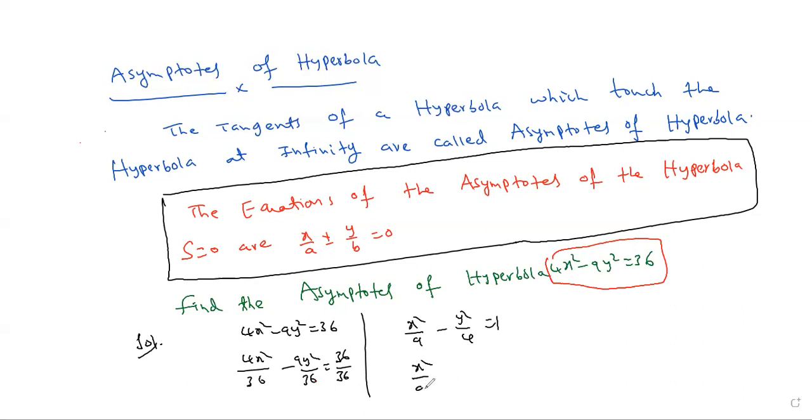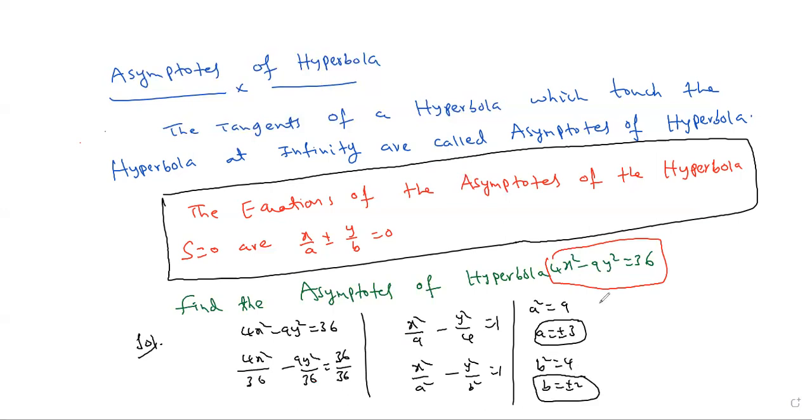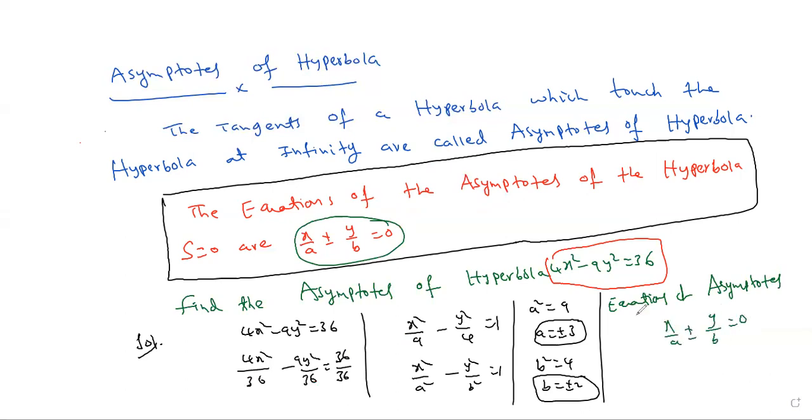Compare with the standard x square by a square minus y square by b square is 1. Then a square is 9, so a equal to plus or minus 3. b square is 4, so b equal to plus or minus 2. Now, what are the equations of asymptotes? Into the formula x by a plus or minus y by b equal to 0.